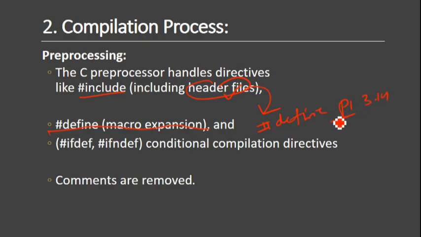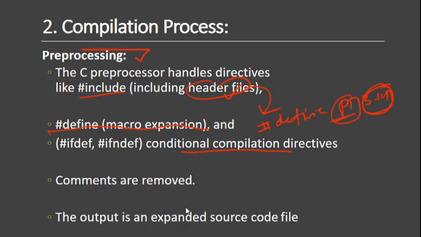Wherever PI is there throughout the program, it will be replaced by 3.14. This replacing is done in macro expansion. Finally, some conditional compilation directives are also included. So these three directives are handled by the pre-processing stage. After that, any comments in the program are removed.